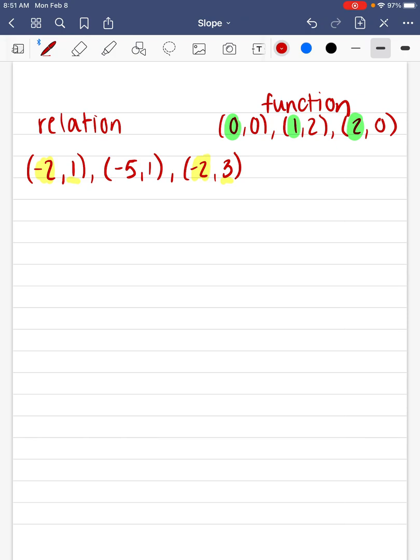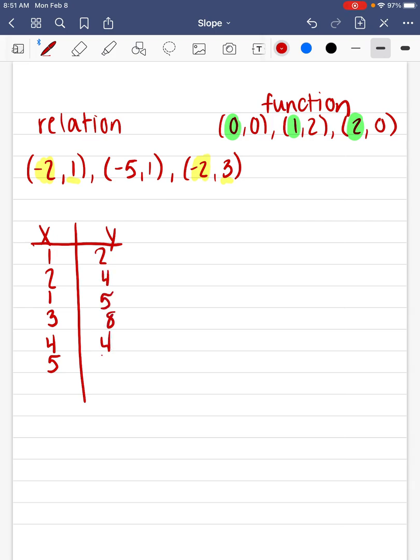Lastly, we're going to talk about tables. So tables are when we have our x's and y's all labeled here in a nice little table. And in our relation category, we're going to have 1, 2, 1, 3, 4, 5 in our x's, and then 2, 4, 5, 8, 4, 10 in our y's.